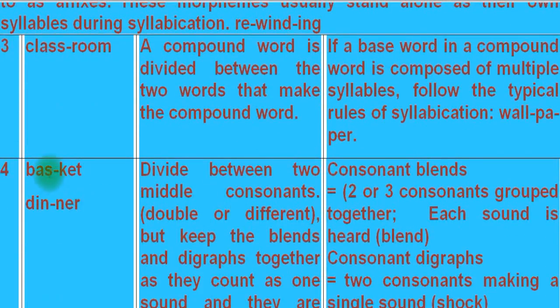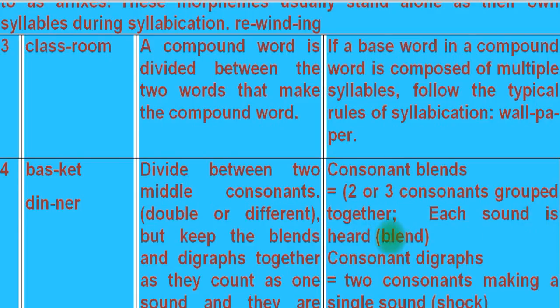Rule 4. Basket and dinner. Divide between two middle consonants. Double means two similar middle consonants like dinner, or different, but keep the blends and digraphs together. Consonant blends are two or three consonants grouped together, where each sound is heard, like plant.